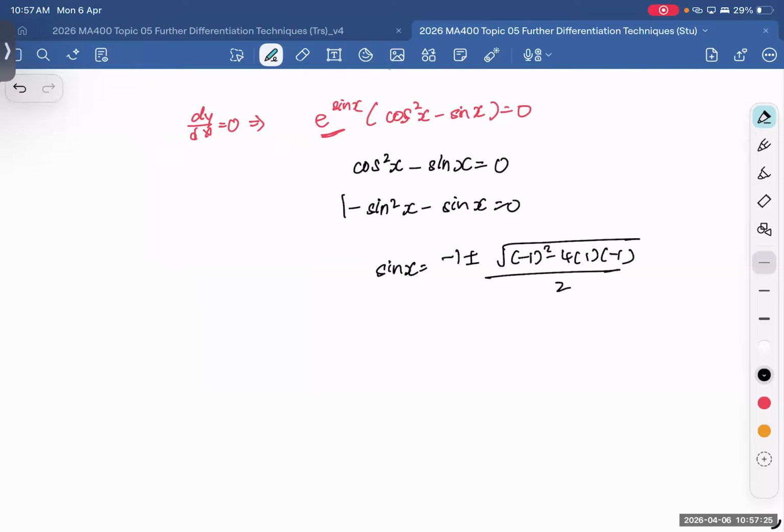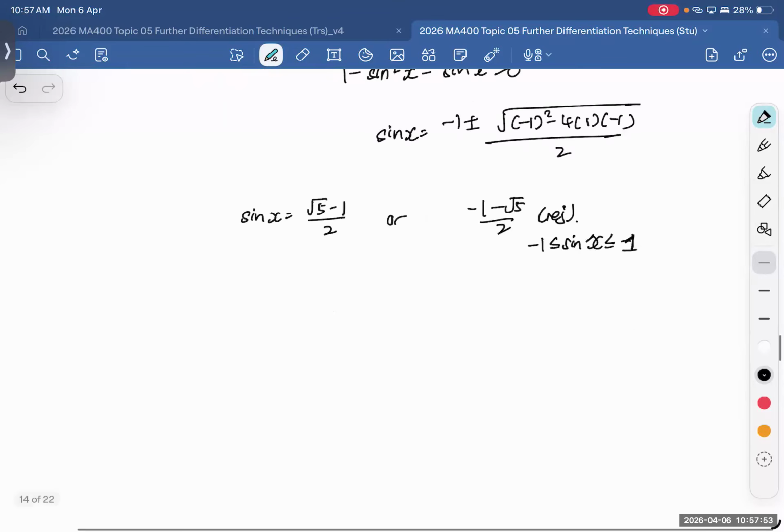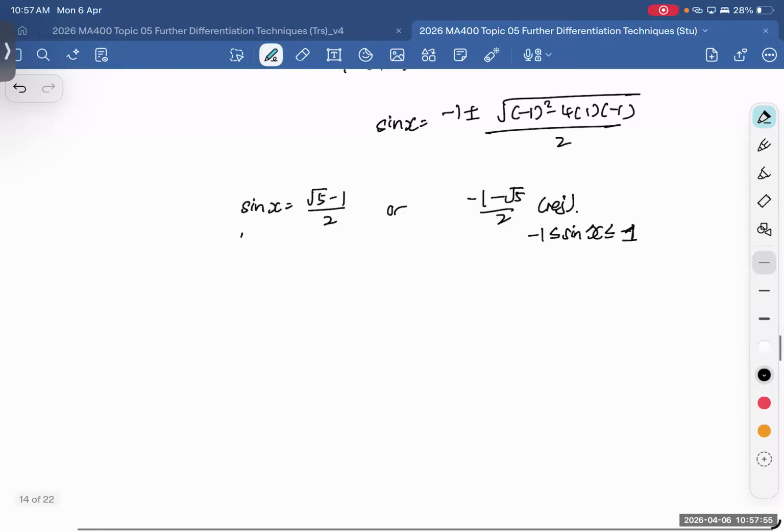Next year you can. Now cannot, not for secondary school. So what do you have? You have sine x equals to, or negative 5 over 2. This one I reject because it is out of range, smaller than -1. So from here, then I solve.